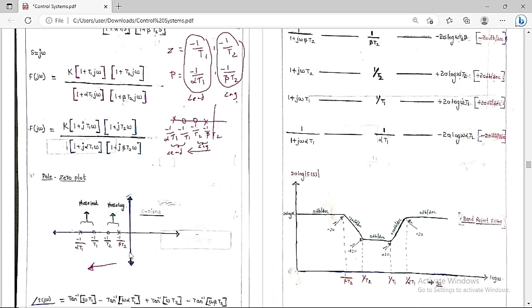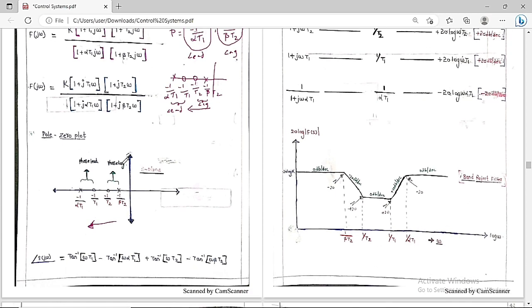Now I want to know the phase angle of this one. The phase angle of F of j omega is equal to tan inverse of omega T1 plus tan inverse of omega T2 minus tan inverse of omega alpha T1 minus tan inverse of omega beta T2.